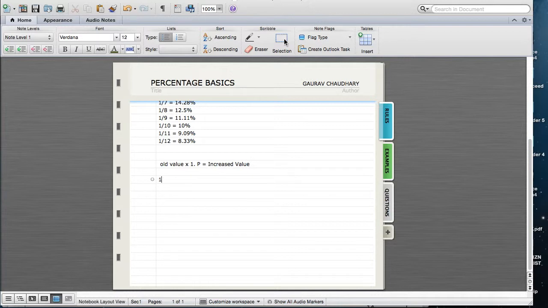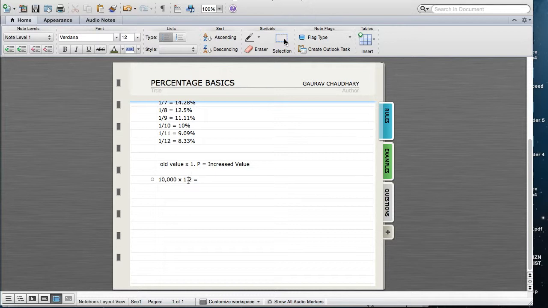Suppose the salary of a person was 10,000 rupees and we increase it by 20%. So whenever there is any kind of percent increase, we'll multiply the value by 1 point and the percent increase. So in this case, we'll multiply it by 1.20. We don't need to put 0 after 2.